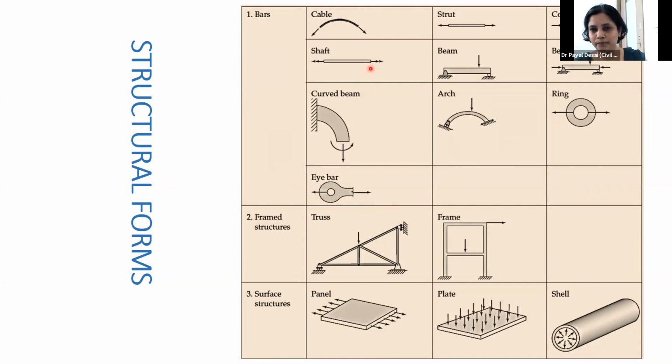Individual members of a truss are supposed to carry only axial loads, that is, axial compression and tension.